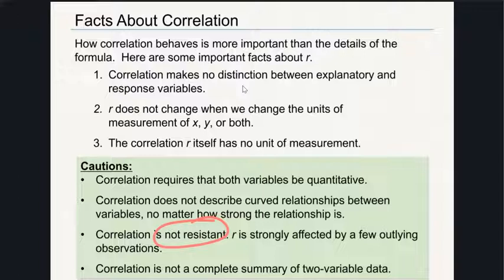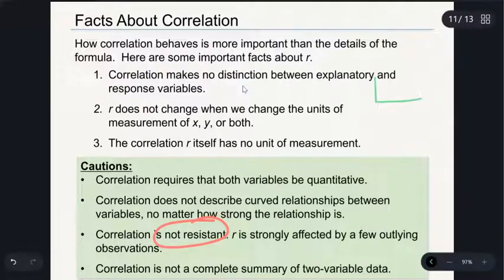But I could switch those around and I'll still get the same R value. I could look at the mileage on the vehicle and see, based on the mileage, what's the price? Now the mileage has become my explanatory and the price has become my response. In that situation, I will still get the same R value.